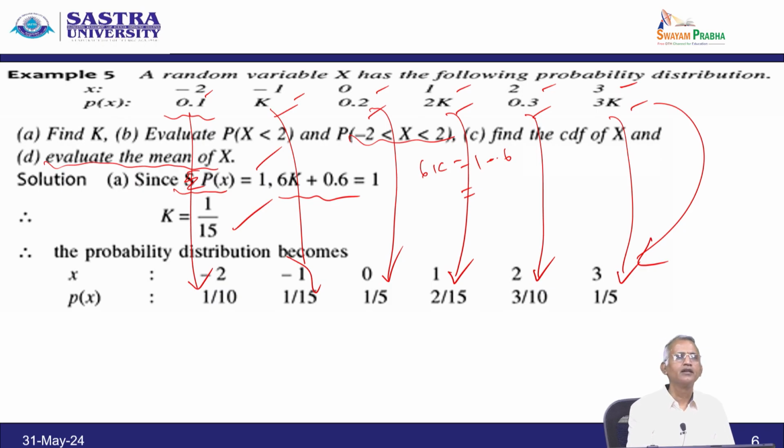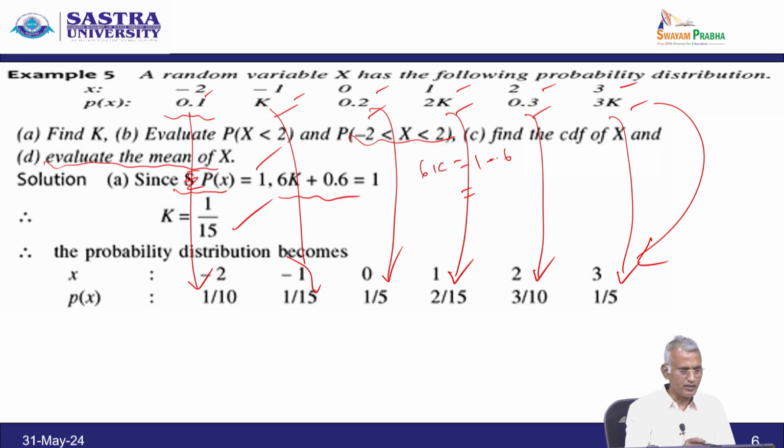So, this way we can find the corresponding value of k. Therefore, we find the value of k and determine the entire probability description of the distribution. So, that is the answer to the first subdivision.